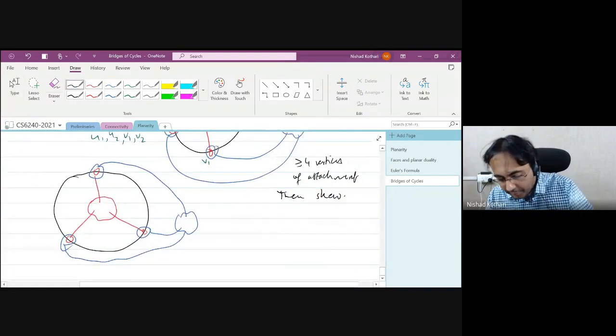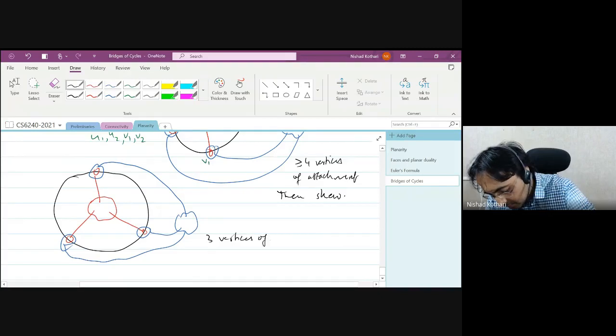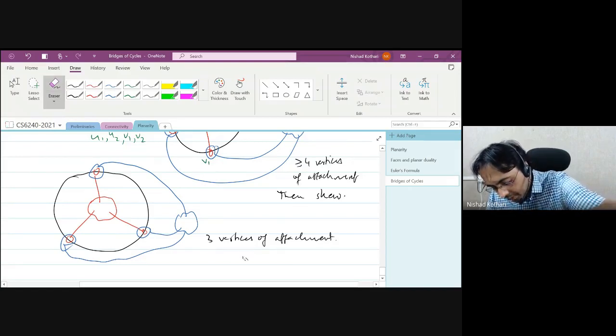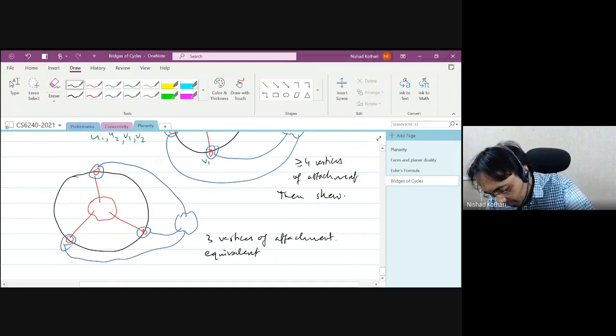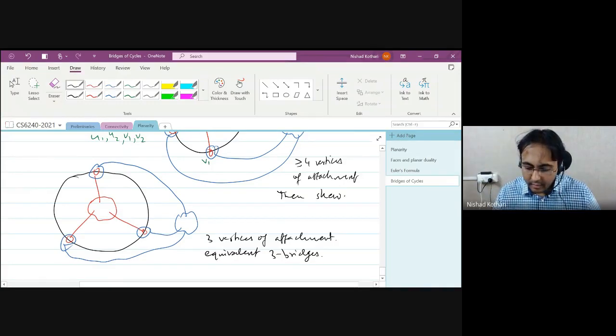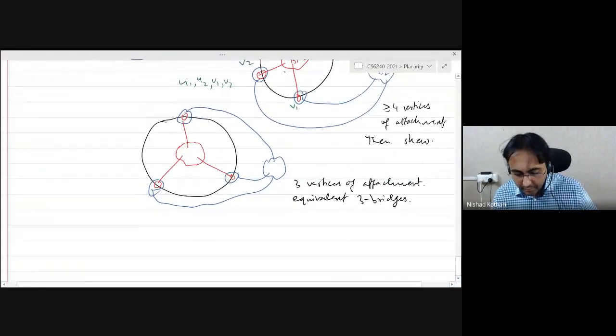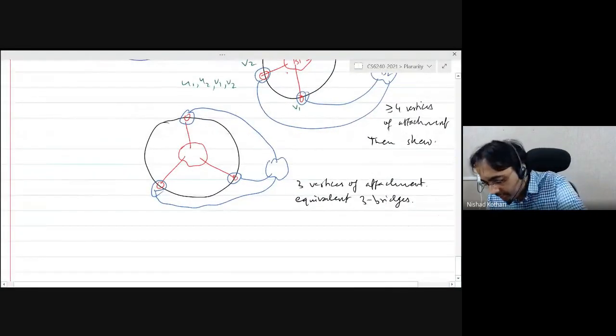In the case of 4, you have skew, and in the 3 case, by definition, you have equivalent three bridges. Okay, good. So, well, that is it.